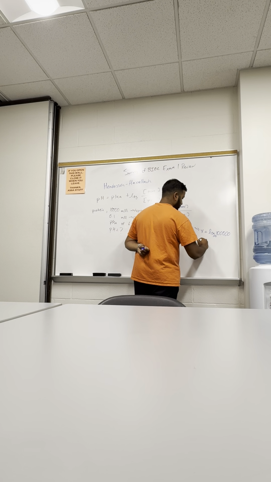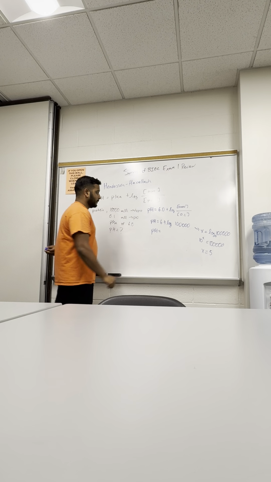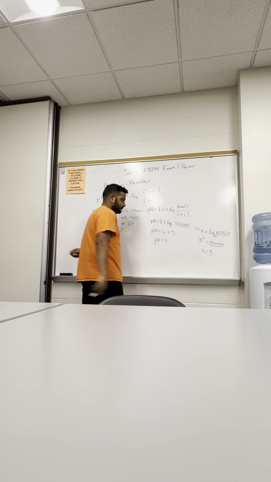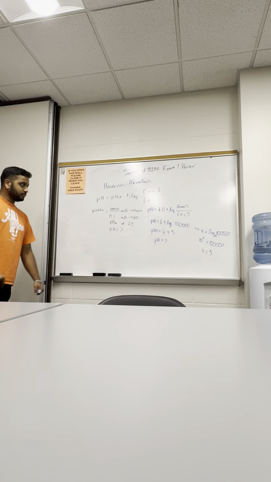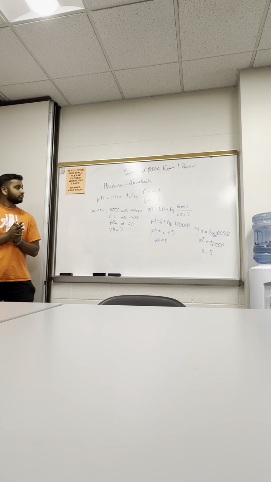This is a base 10 log, so 10 to the x equals 100,000, so x equals 5. So 6 plus 5, which means the pH of this would be 11. Any questions there?